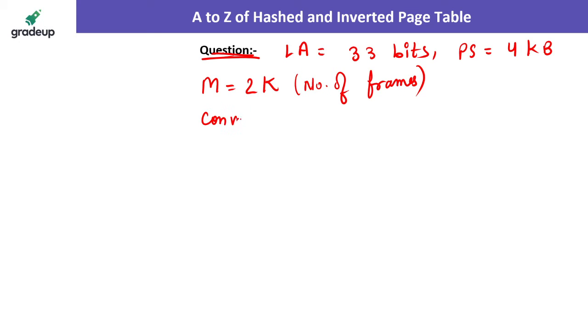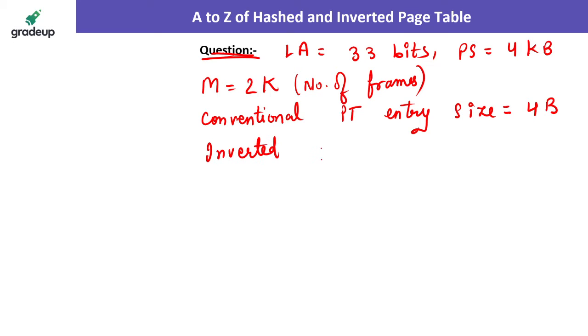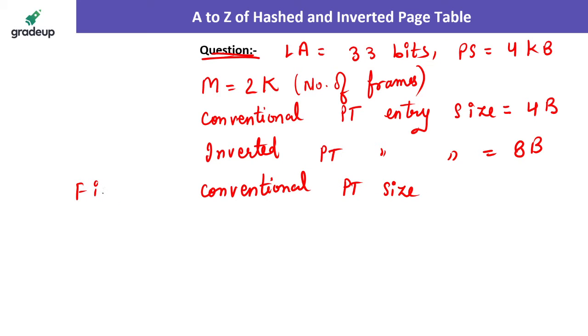Now, the conventional page table entry size is equal to 4 bytes and the inverted page table entry size is equal to 8 bytes. Now find the conventional page table size and the inverted page table size.